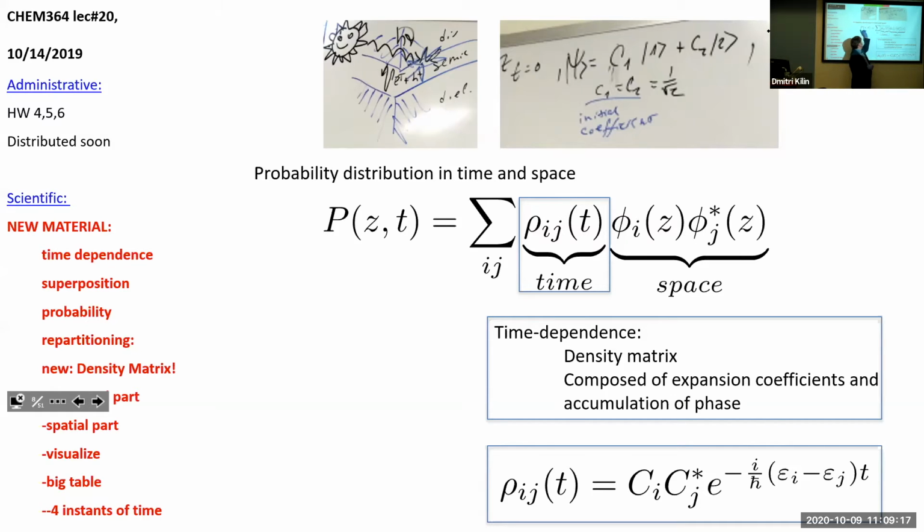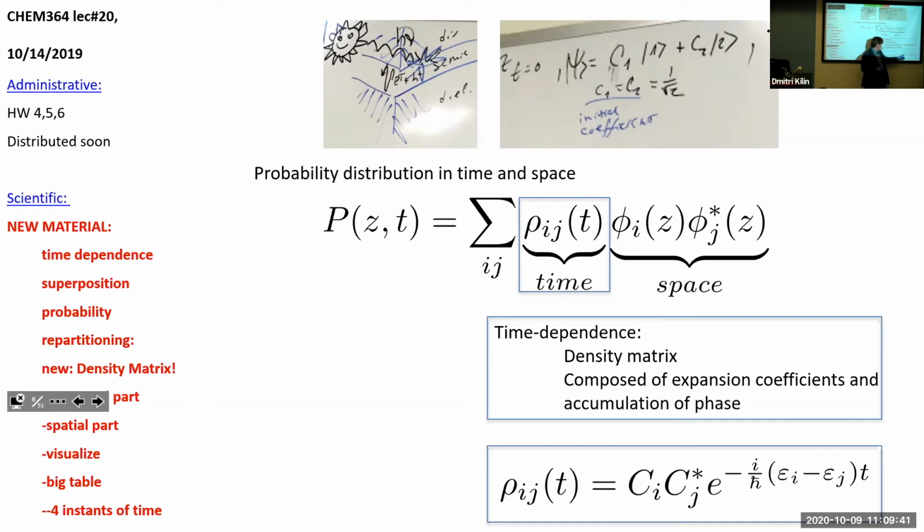When we need the dependence on position in space, we can separate the dependence on space, which is just the product of eigenstates, and the dependence on time, which includes initial conditions and phase accumulation of each eigenstate. If you multiply two exponentials, we get the subtraction here.